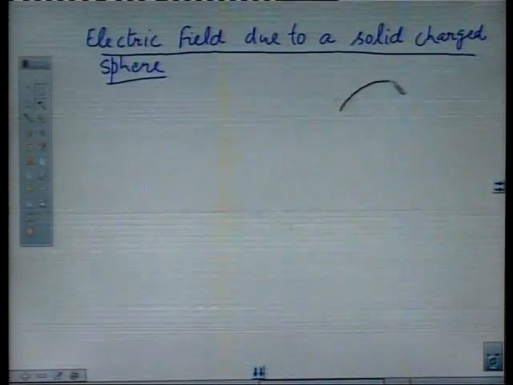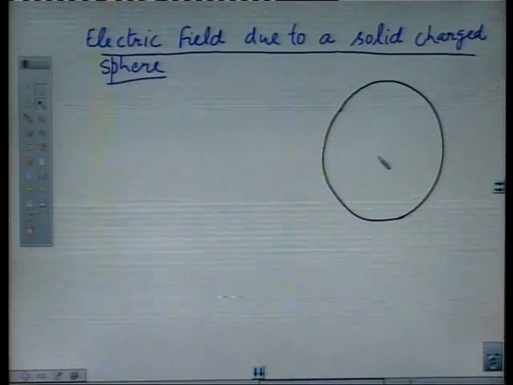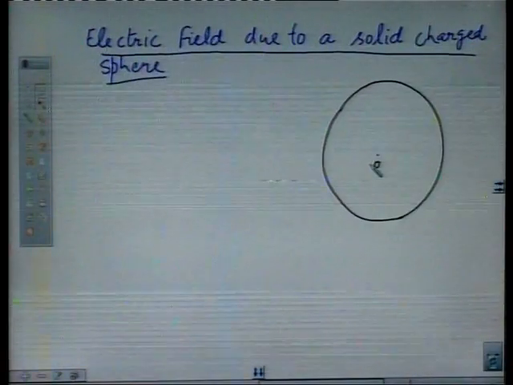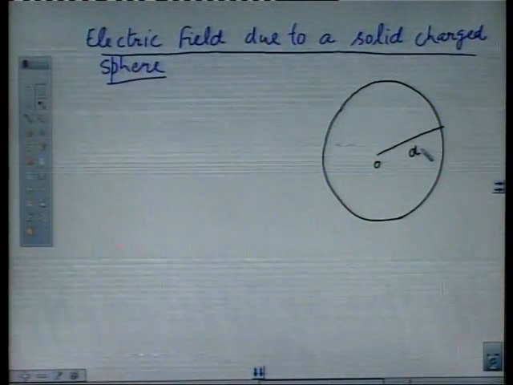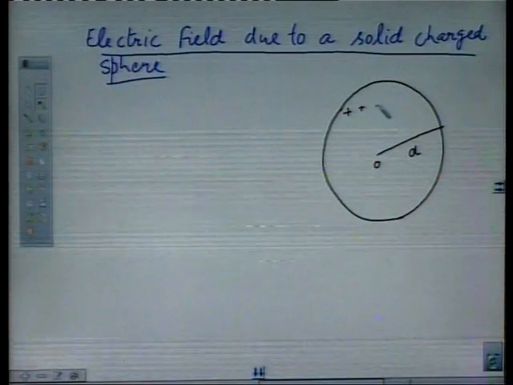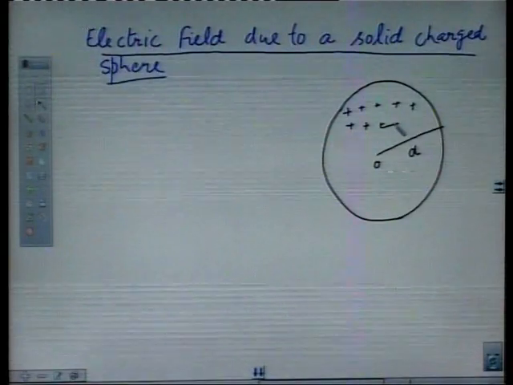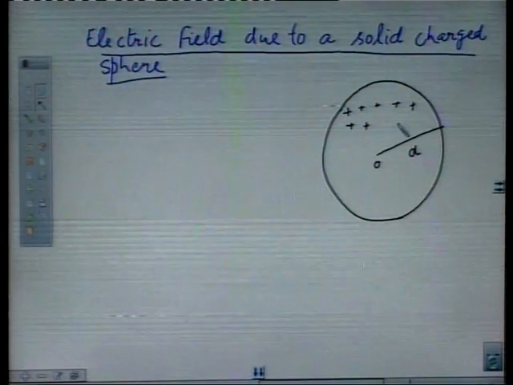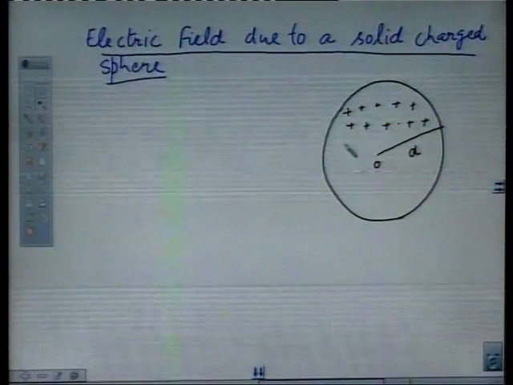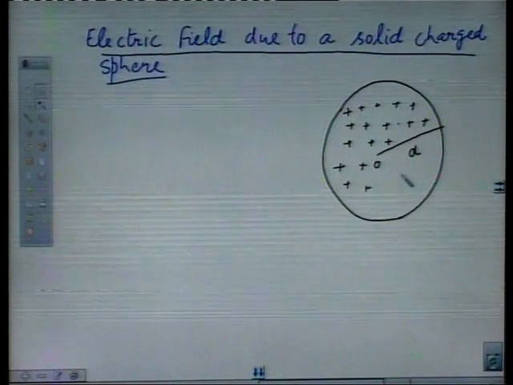Suppose we have a solid sphere. This is center O. Its radius is d, and we have given it a positive charge which is distributed uniformly over the whole sphere.